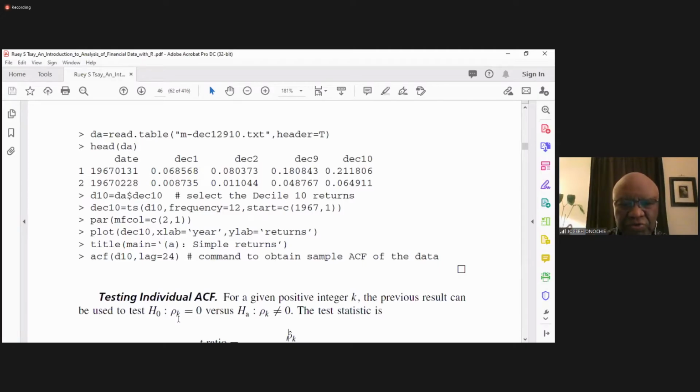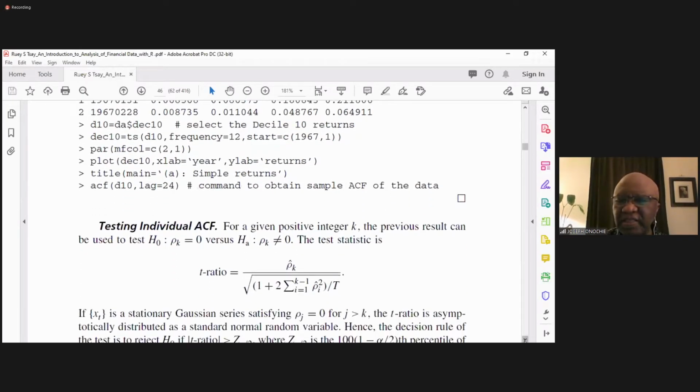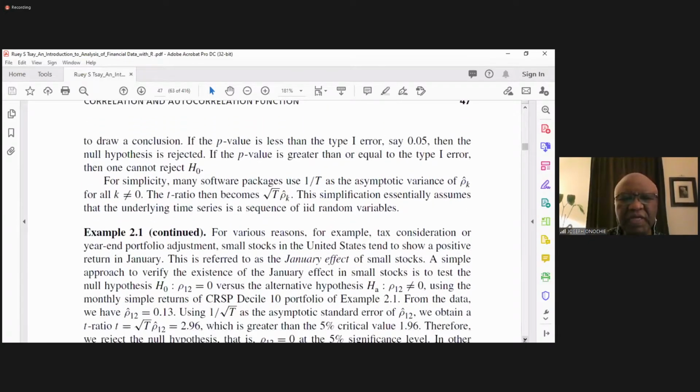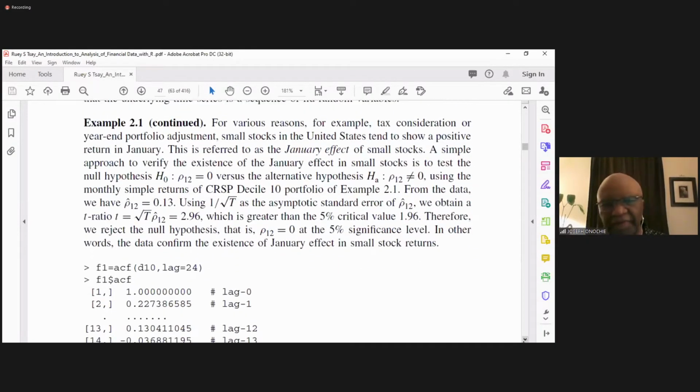Then the autocorrelation at lag 2 equal to 0 versus the alternative that the autocorrelation at lag 2 is not equal to 0. So we are testing each one. How do we test each one? You can do a t statistic using this formula, or you can just simply build a confidence interval. And I will show you my example in a minute, okay?